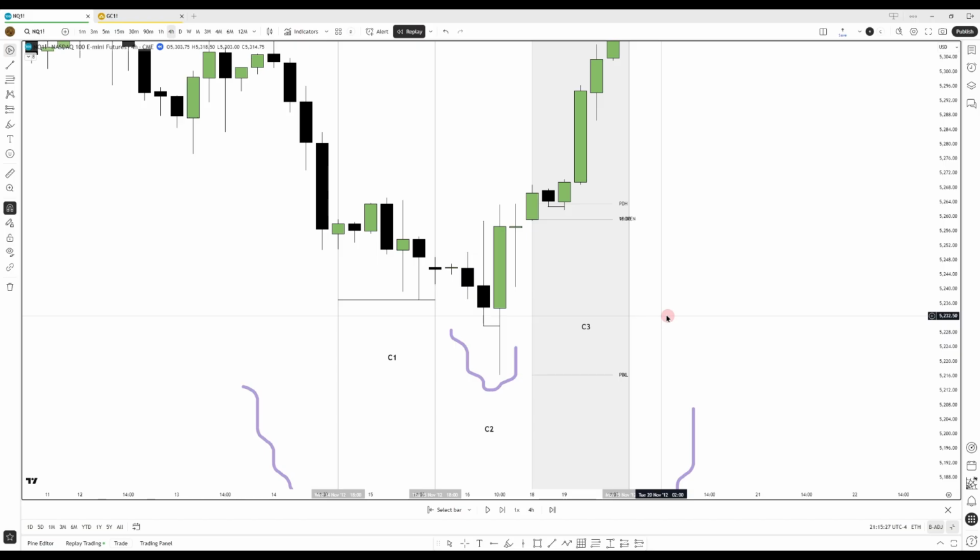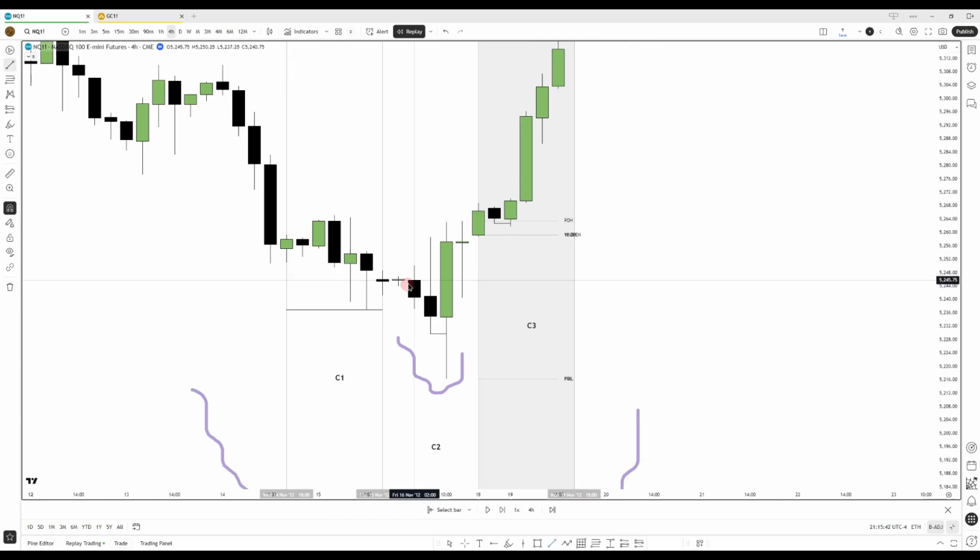Okay, so candle 1, candle 2, candle 3, yeah? So what do you notice over here on candle 2 on this day? Does this look familiar from the previous lessons?